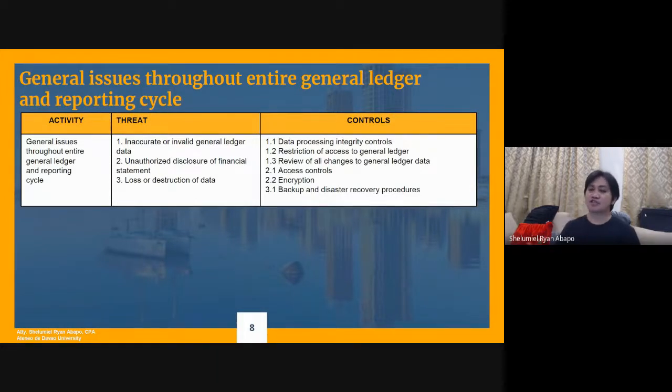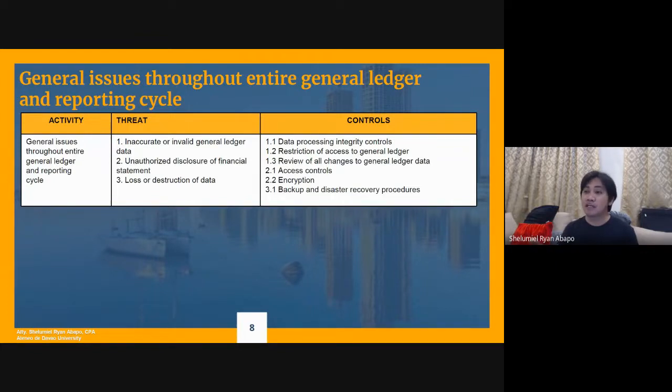Making the general ledger database available to everyone else in the organization would result in unauthorized employees making changes to the master data or to the journal entries being created.